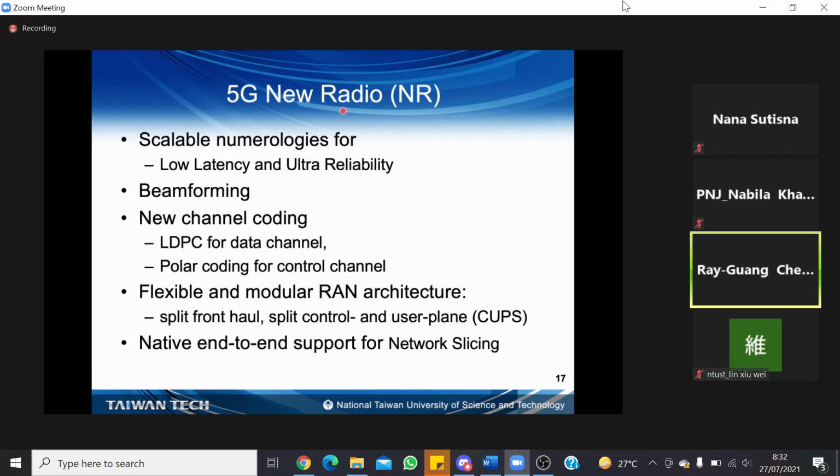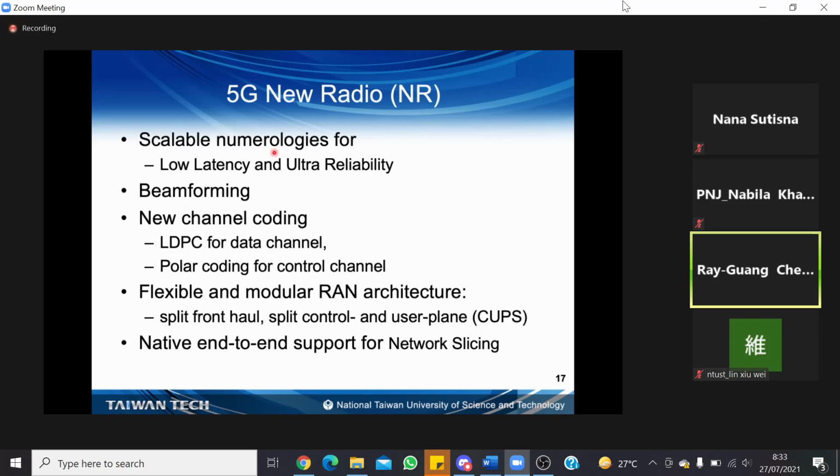So, quick summary. 5G new radio can provide a scalable numerology. Numerology is actually the different carrier spacing mentioned by Professor Nana yesterday. So you can use different numerology, different subcarrier spacing, so they can have different slot durations to adjust to the requirement.